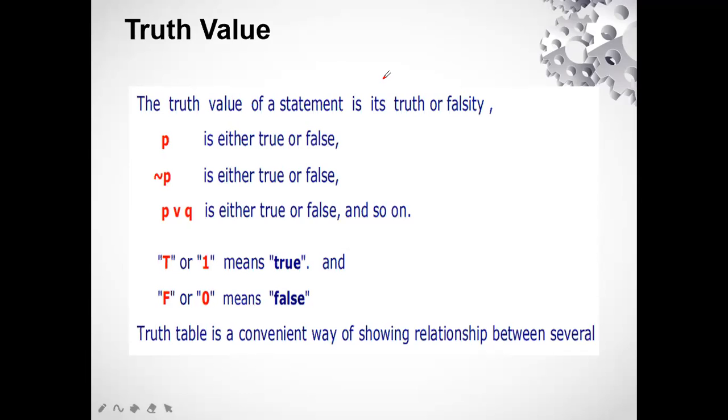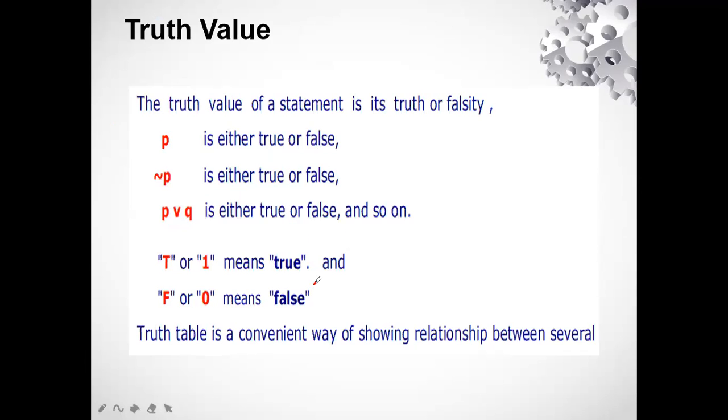It can also be stated with 1 or 0. So 1 is equivalent to true, that is T, and 0 is equivalent to false, that is F. Now P is either true or false, negation P is either true or false, P disjunction Q is either true or false, and so on.